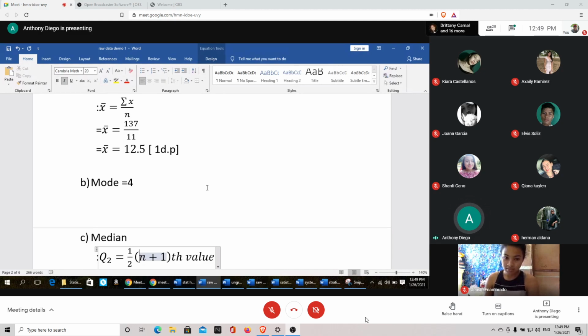So the median, the formula is a half (n plus 1) at value. We know that n is 11 because n is the number of observations that we had. And the median is denoted by Q sub 2. So wherever you see Q sub 2 in any problem, you know we are referring to the median. Good.